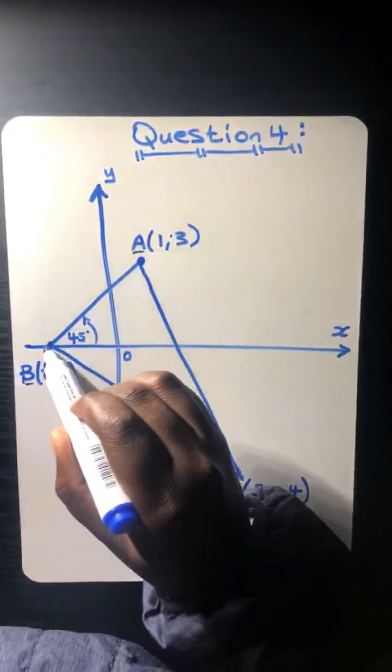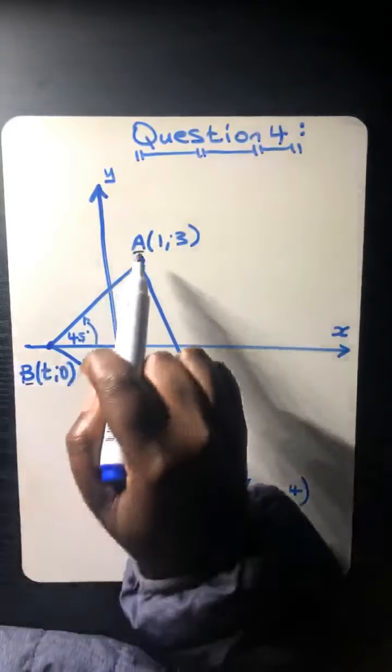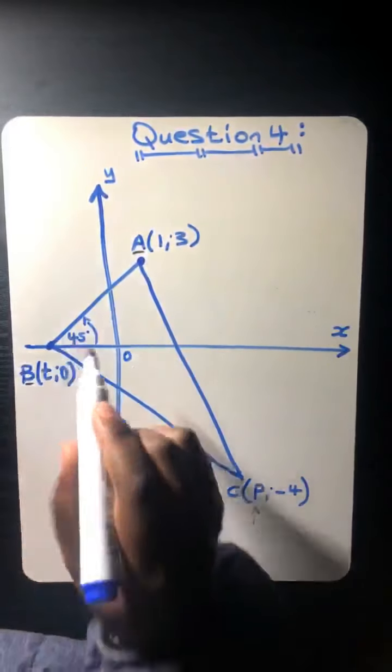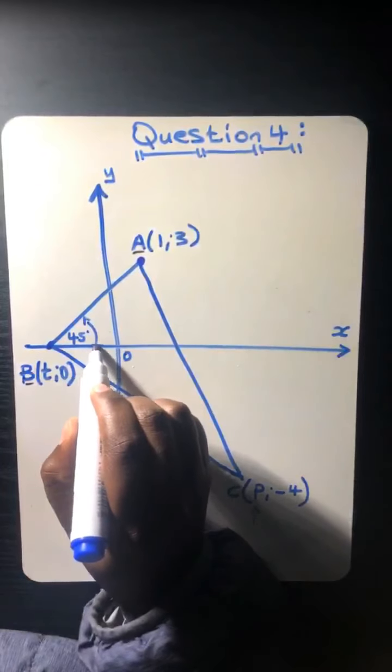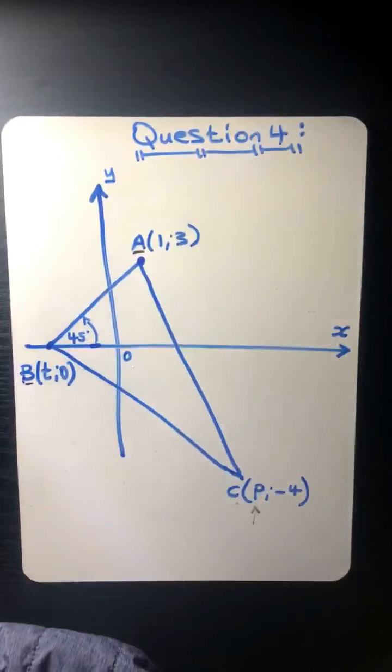So they're talking about that straight line over there from point A to point B. They say it makes an angle of 45 degrees, which is that angle from there in the anti-clockwise direction. There it forms a 45-degree angle with the positive x-axis.